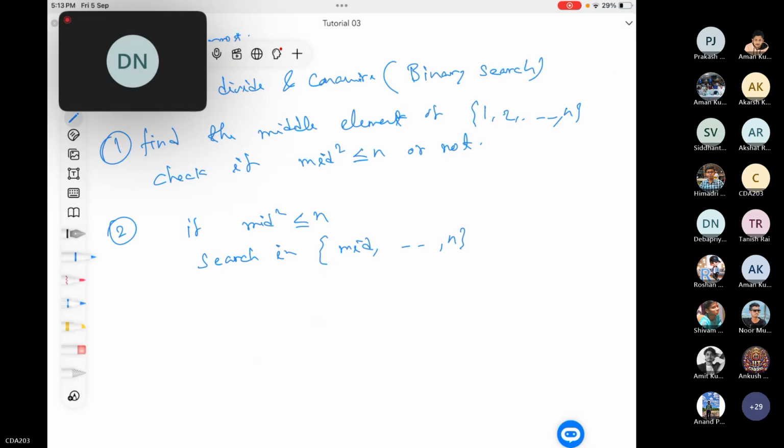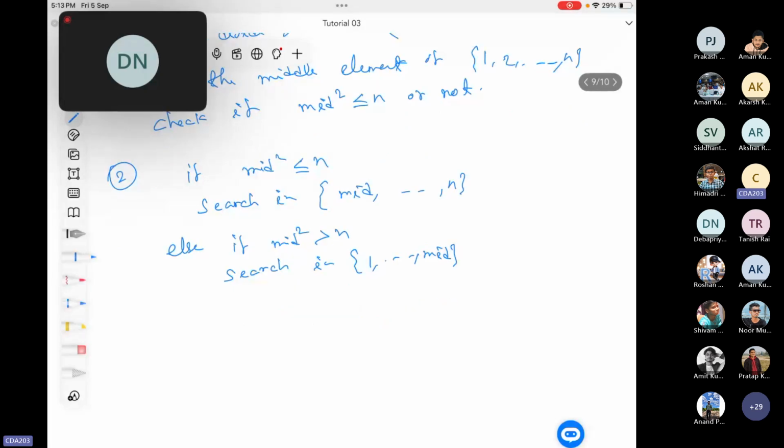Otherwise if the mid square is greater than n, then you know that it has already exceeded n. So you have to consider the smaller portion. Okay. So this is the algorithm.